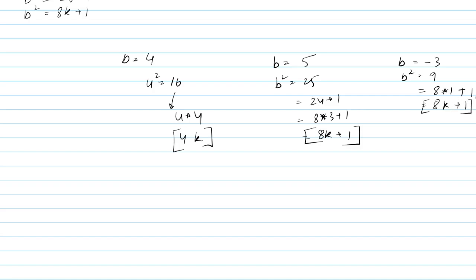So it fits the case. From here we get an overview that the square of every integer can be represented in the form of 4k, or, if the integer is odd, in the form of 8k plus 1. Correct? Thank you.